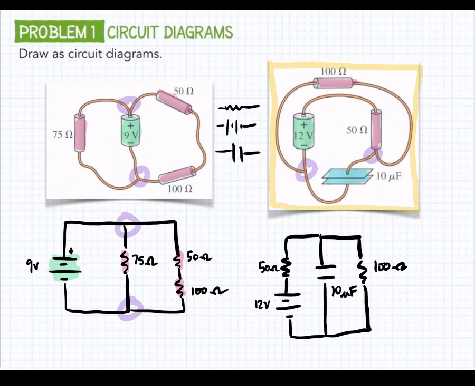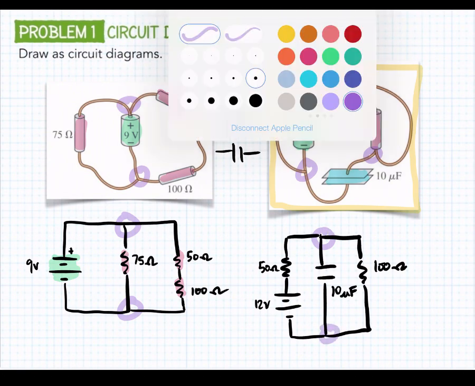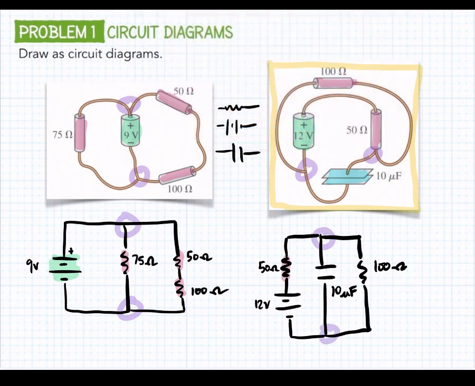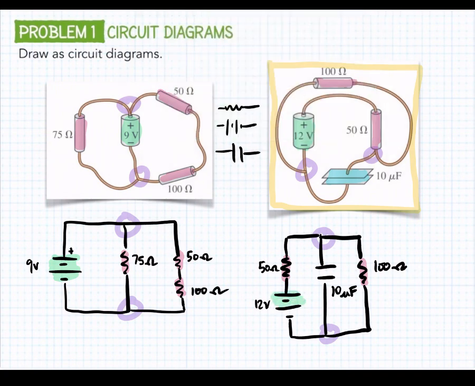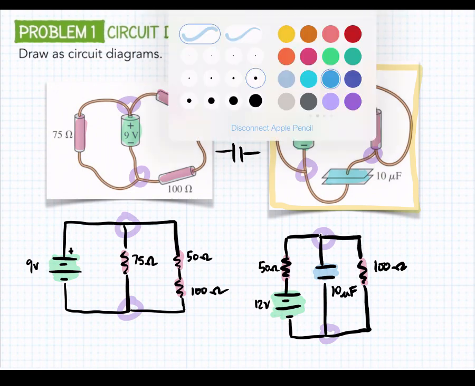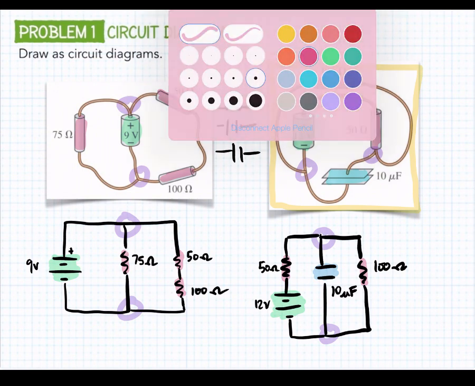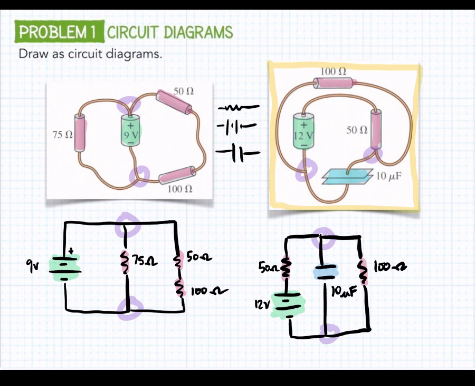Okay? And just to review, we have two junctions, we have the three branches, we have a resistor here and a resistor here. The 50 ohm resistor is in series with the battery. The whole branch containing the 50 ohm resistor and the battery is in parallel with both the 10 microfarad capacitor and this 100 ohm resistor.